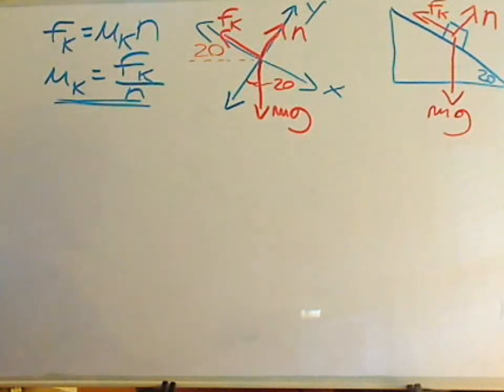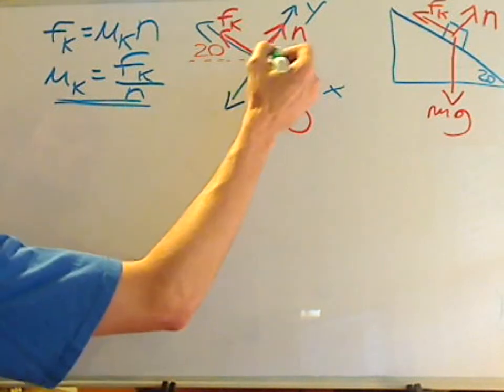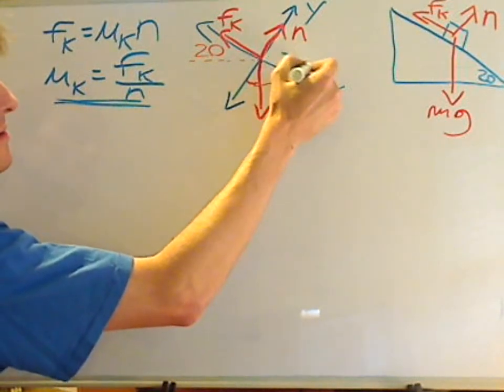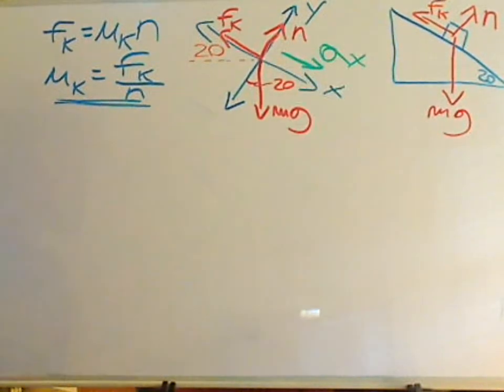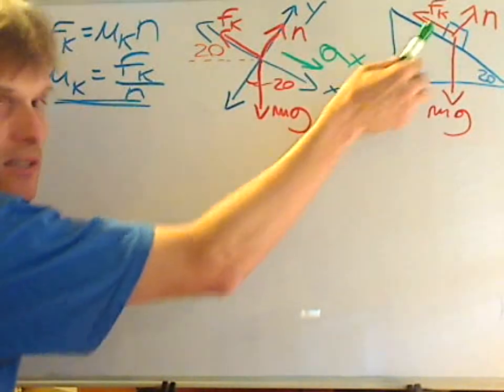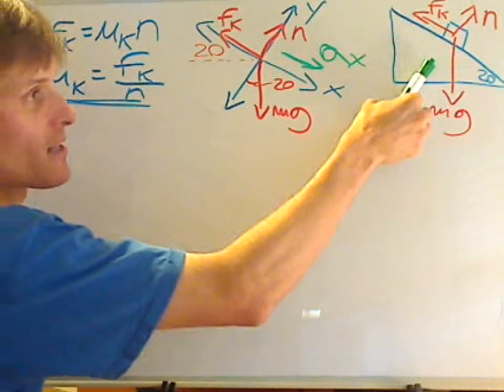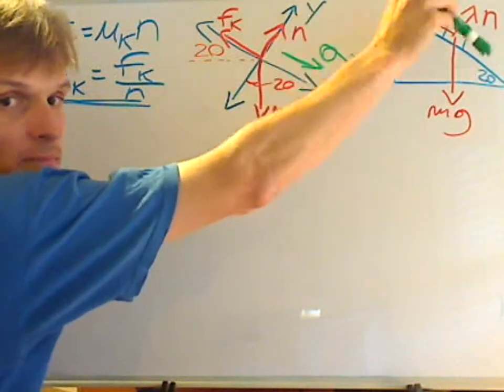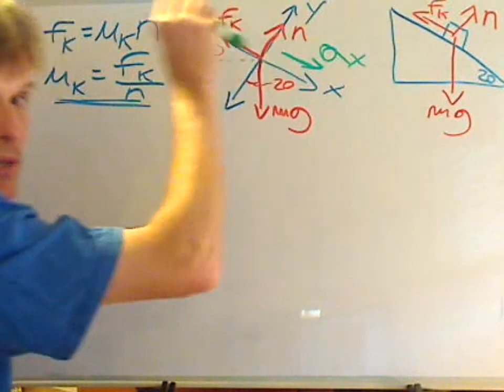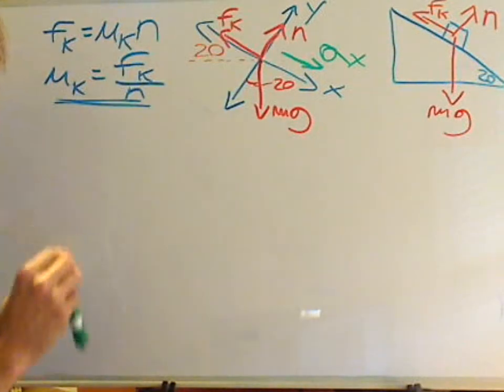Now, what else do we know about this situation? Well, there's acceleration pointing down the slope. There is no y acceleration, remember, because this box, this sled or whatever, is not going to spontaneously levitate in the y direction. All the motion is really just down the slope. So our only acceleration is an x acceleration.